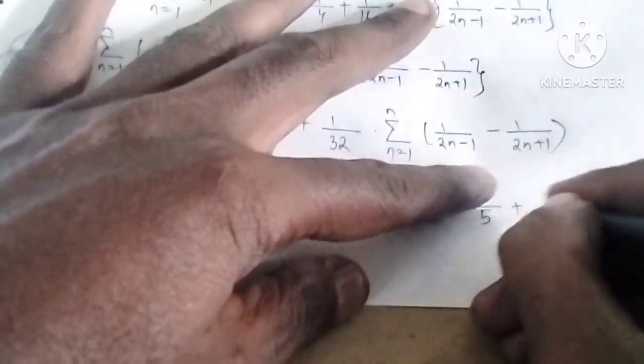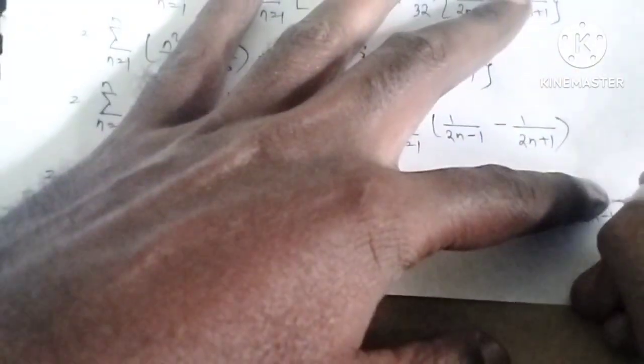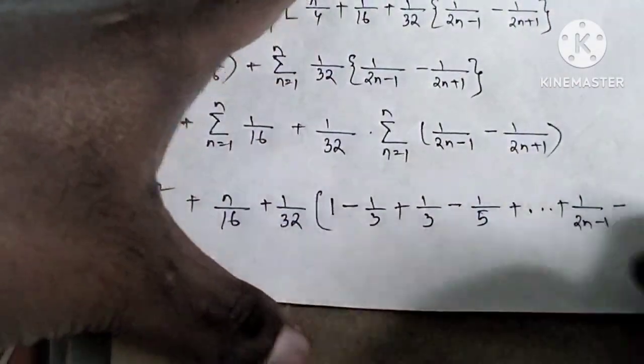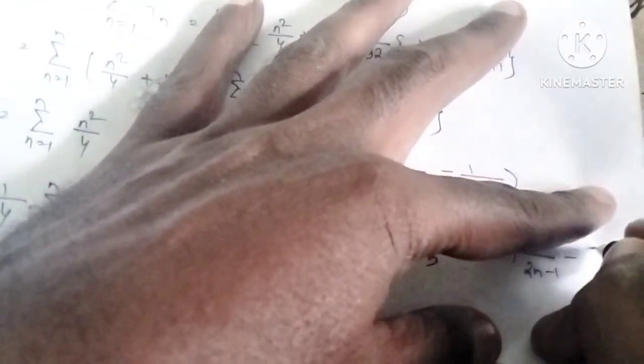In this way it will continue up to this much, 1 by 2n minus 1 minus 1 by 2n plus 1.